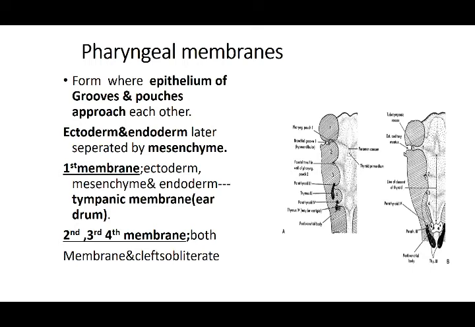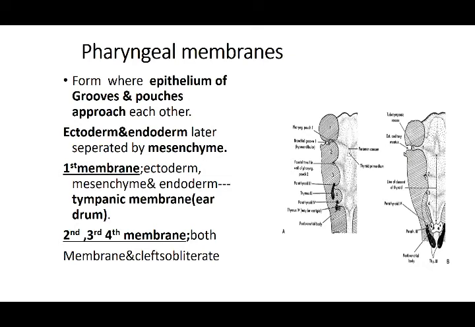From where the epithelium of the grooves and pouch approach each other, the ectoderm and endoderm are later separated by this mesenchyme, which is inside. This forms the first membrane, that is the ectoderm, mesenchyme and endoderm forms the tympanic membrane or the eardrum, that is at the level of the first cleft. Second, third and fourth, as we've said, all the clefts are obliterated, so they do not give rise to anything.